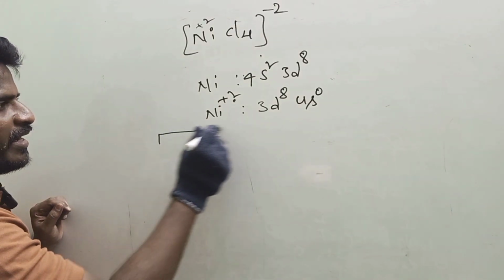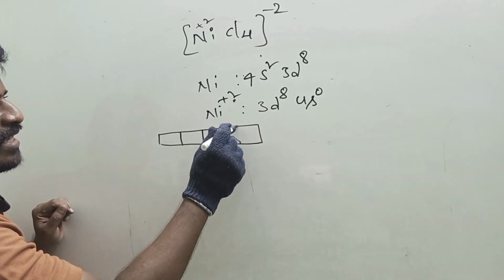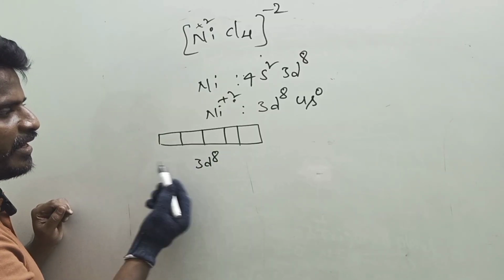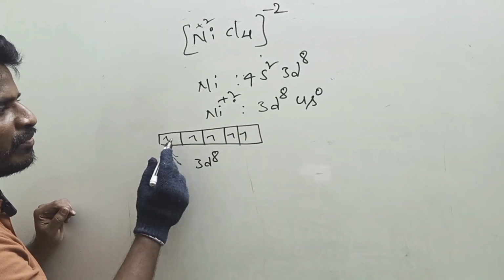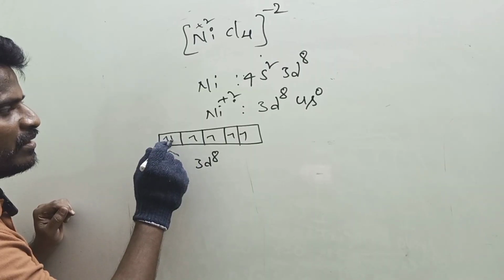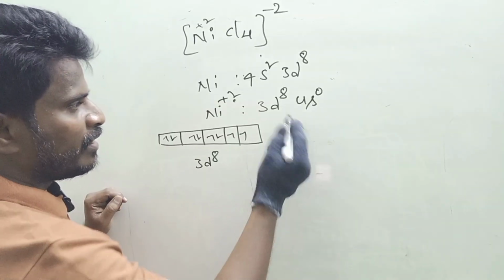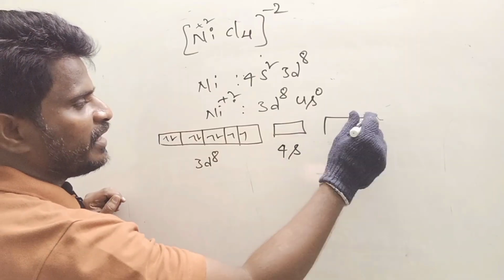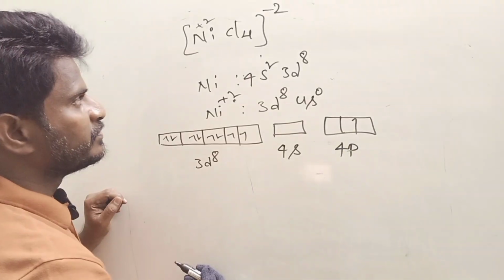The d orbital has 5 subshells and its electronic configuration is 3d8. It indicates 8 electrons in d orbital: 1, 2, 3, 4, 5, 6, 7, 8. And the s orbital is in empty state and p orbitals are also in empty state.